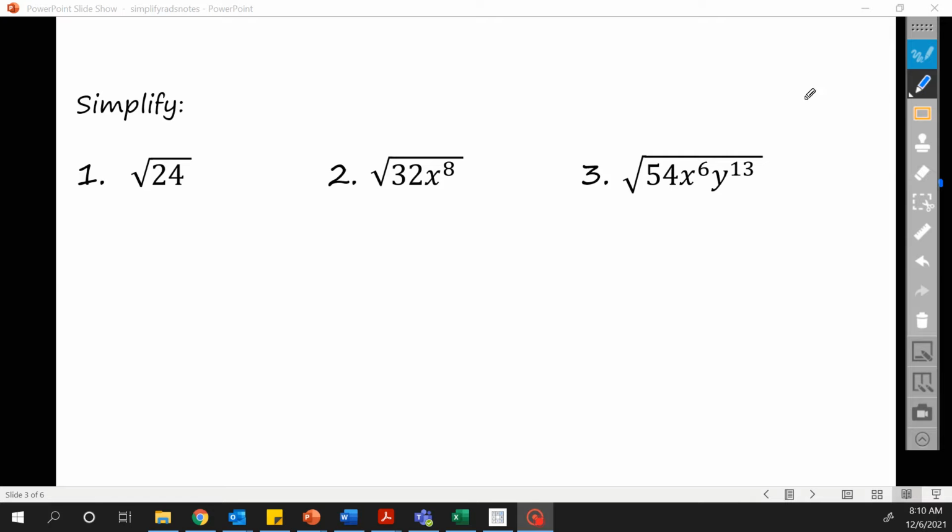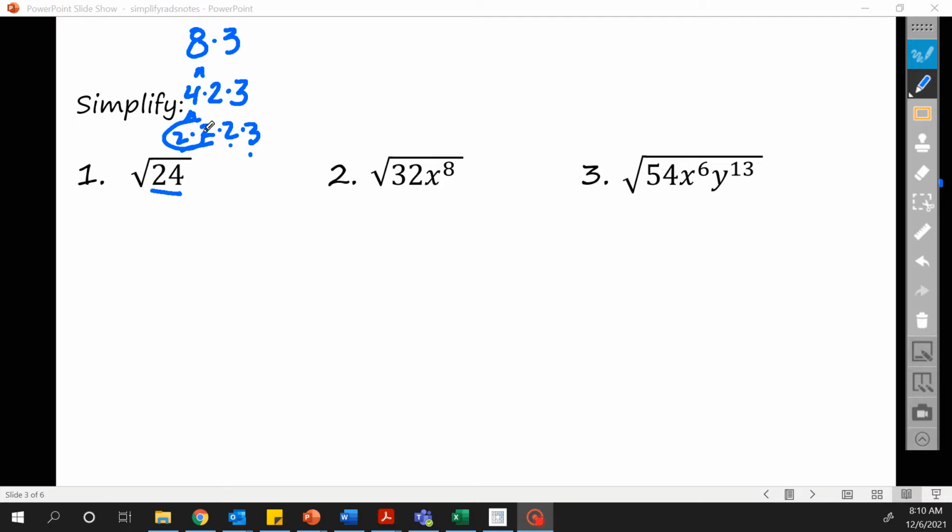Well, you can't do that using just 2 numbers, but I could split this up into 8 times 3, and then split that 8 into 4 times 2, and then split that 4 into 2 times 2. So you see, 24 is made up of 2 factors of 2, and then a factor of 2 and a factor of 3.